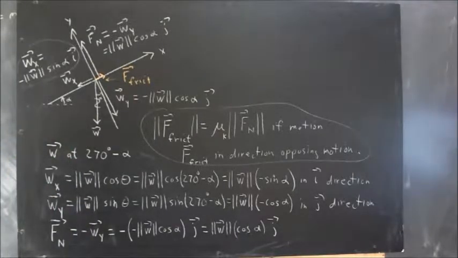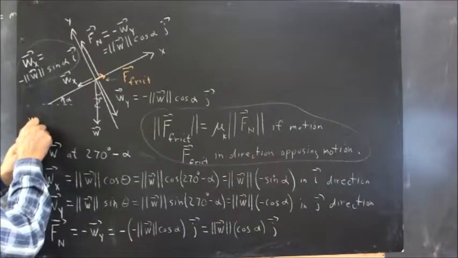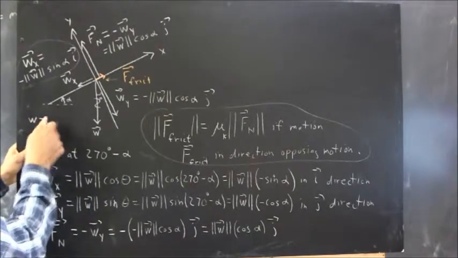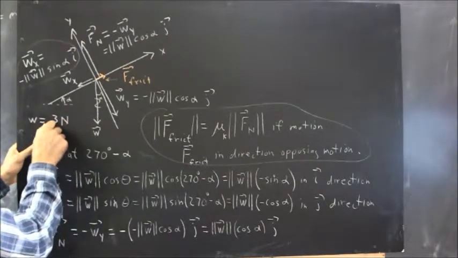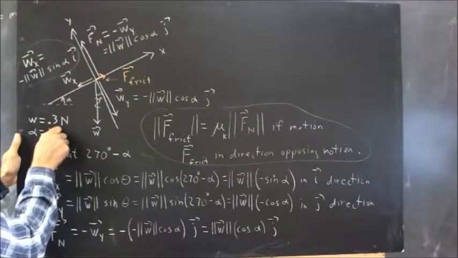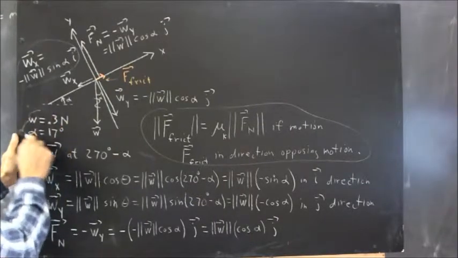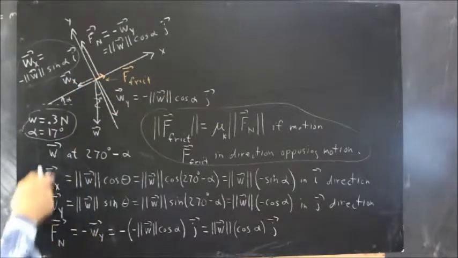Let's just say that W is, let's say, 0.3 newtons, and alpha is 17 degrees. What would you get for these forces? And we'll even put a mu in there.